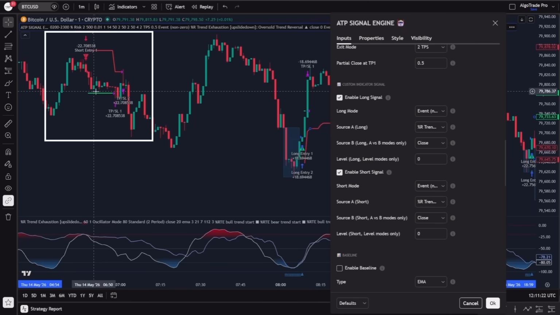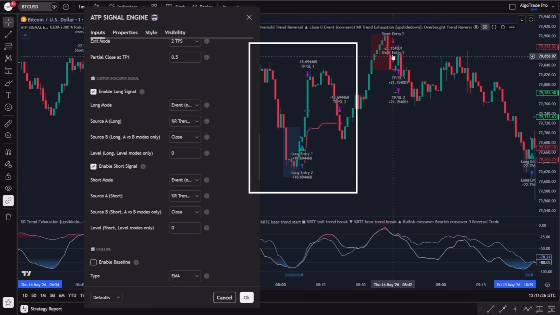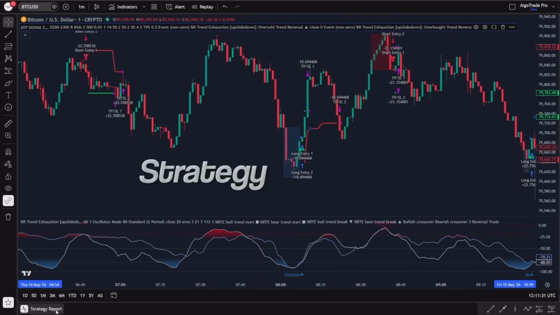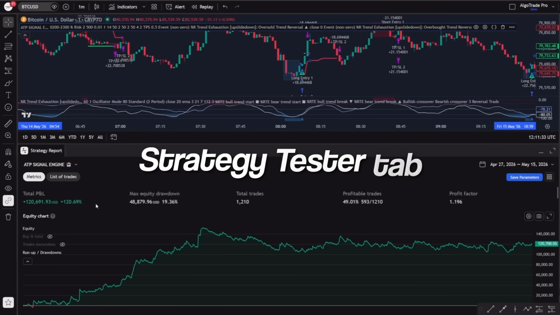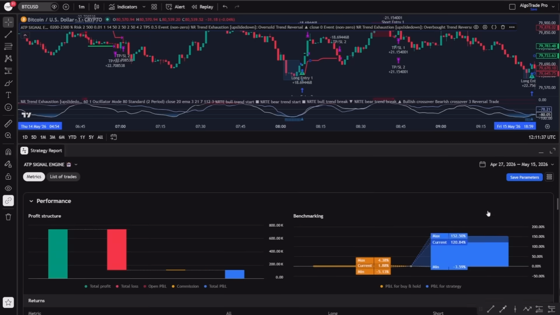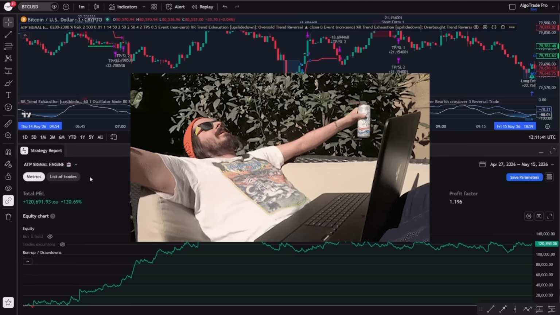And instantly all the trades appear automatically on the chart, including entries, stop losses and take profits. Then down here inside the Strategy Tester tab, we get real historical performance data like win rate, drawdown, net profit and number of trades, without writing a single line of code.